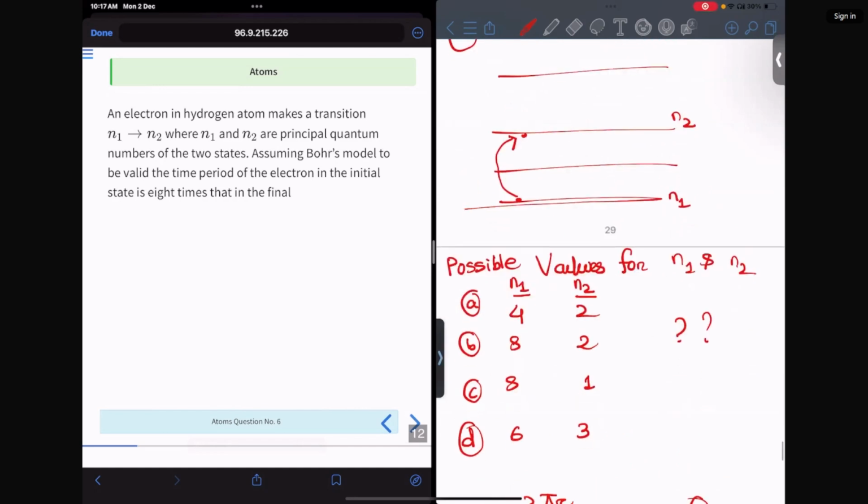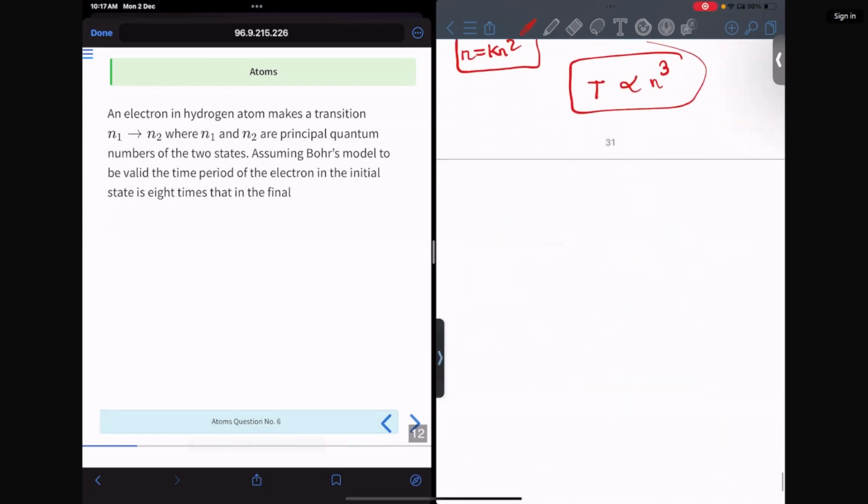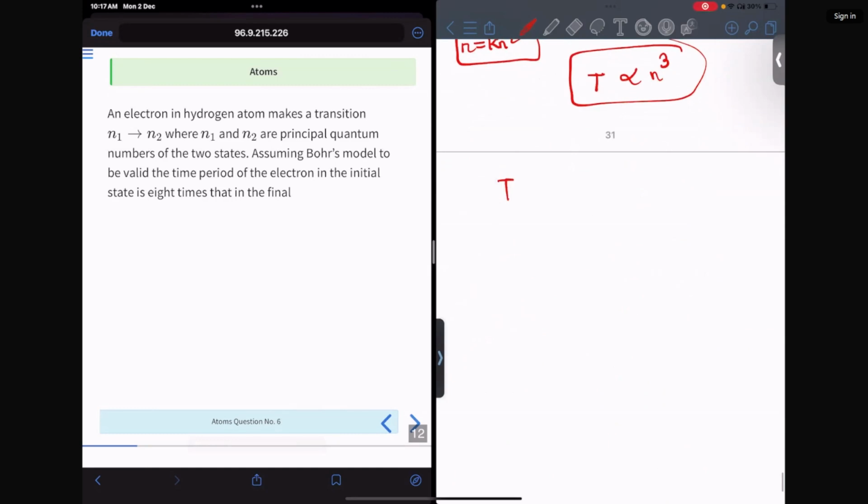Now what is it saying? The time period of the electron in the initial state is 8 times that in the final state. So what are the possible values of n? Ti upon Tf is equal to 8, which is equal to Ni cubed upon Nf cubed.